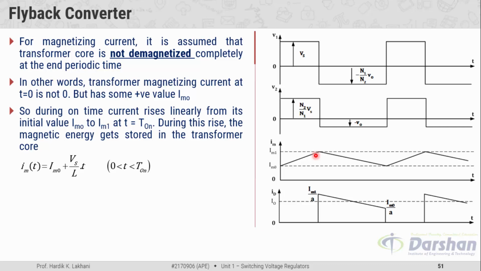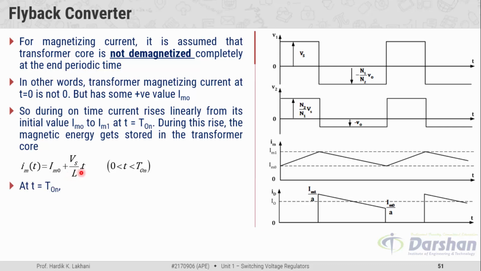This rise in the magnetizing current can be expressed mathematically as Im of t is equal to the magnitude of the magnetizing current at instant t is equal to 0 plus the rise in the magnetizing current with respect to time, in the interval 0 to t on. That gives us the expression Im of t is equal to Im0 plus Vs divided by L into t.